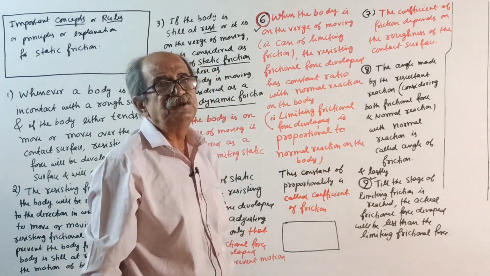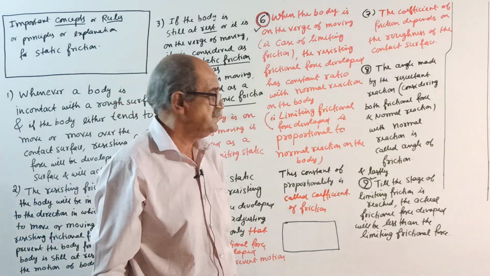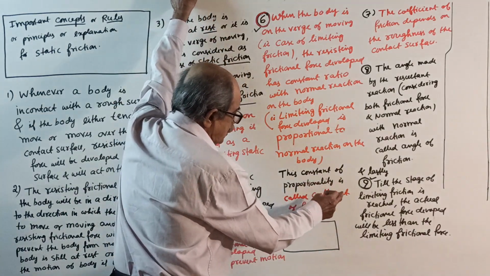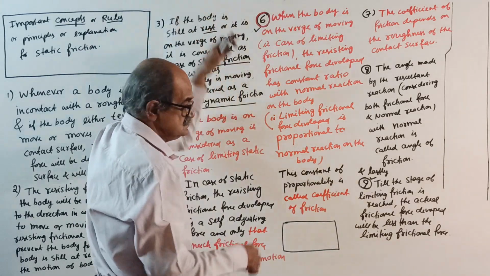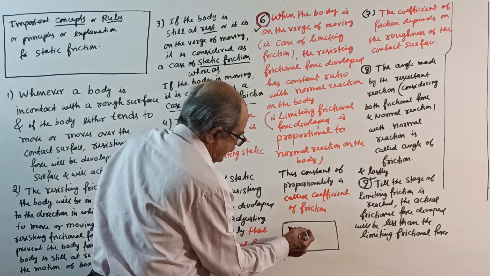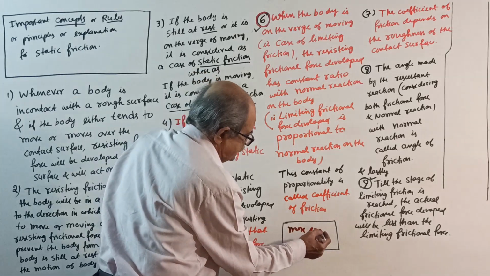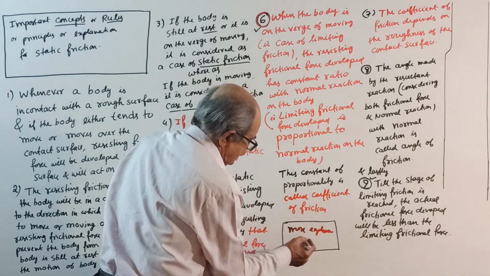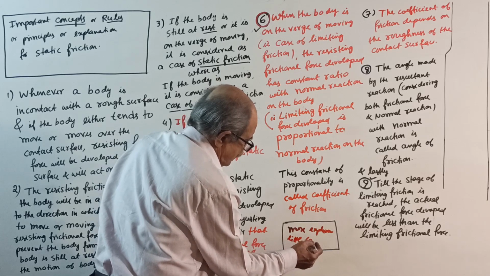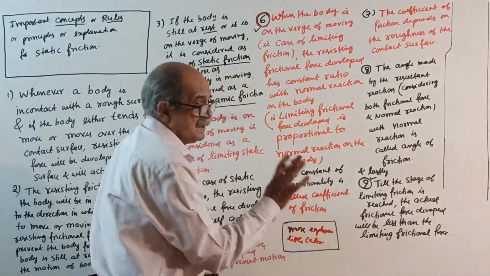When it is proportional, it is called a constant ratio. This constant of proportionality is called the coefficient of friction. More explanation a little later.